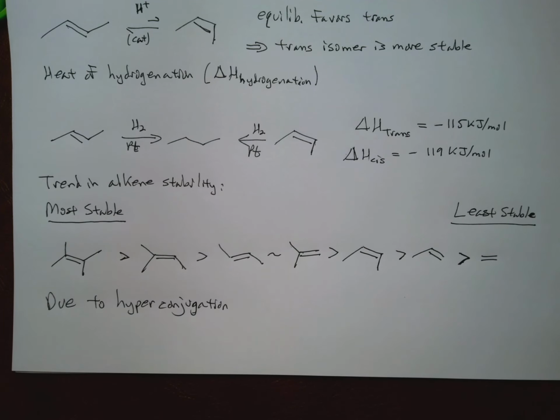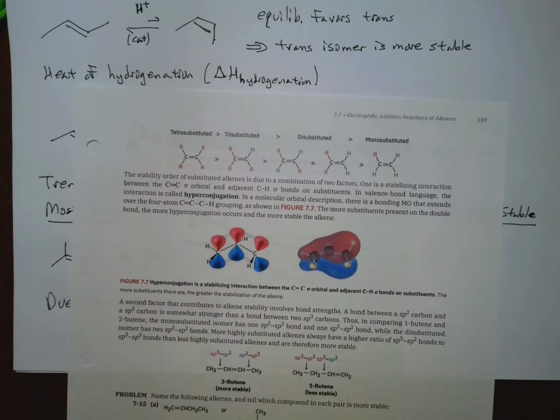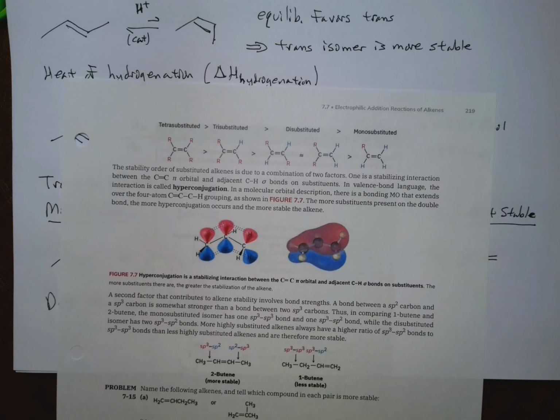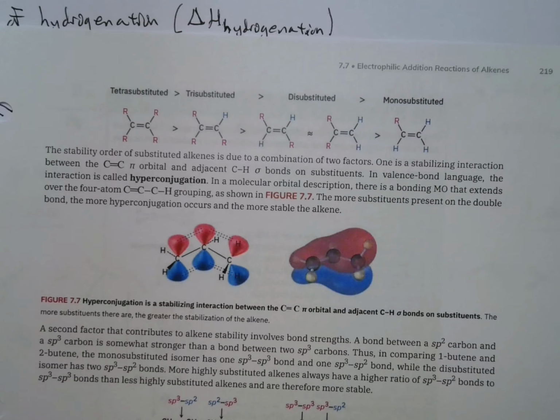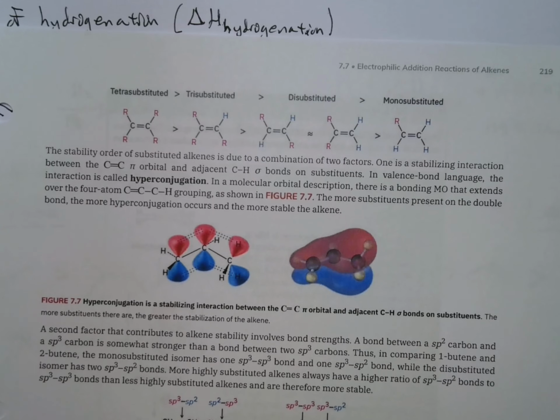There is a figure in the text, figure 7.7, that shows hyperconjugation. Let me zoom in here so you can see this a little better. Basically, hyperconjugation is an overlap of orbitals, between a p orbital and another orbital, like an sp3 orbital. Orbitals that normally you wouldn't think would overlap. But in this case, there actually can be some overlap.